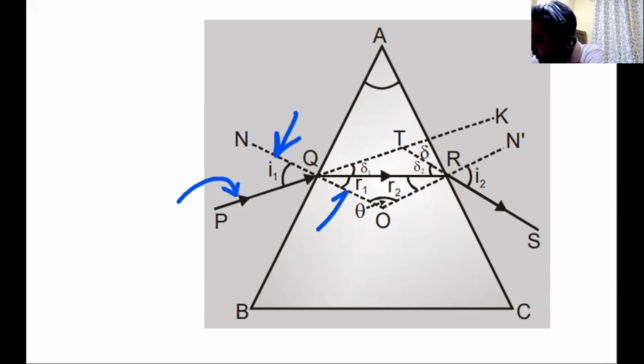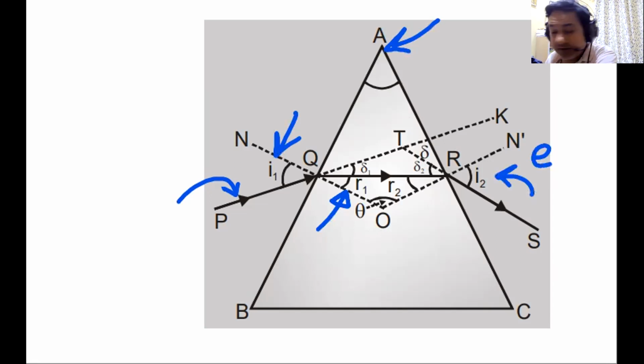This R1 is the angle of refraction. This angle A is the angle of prism. I2, or sometimes we call it E, is the angle of emergence. Great. This is my emergent ray.